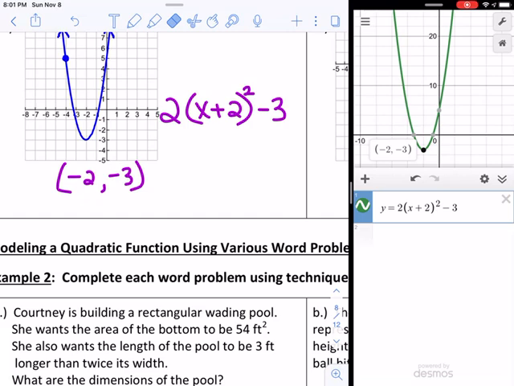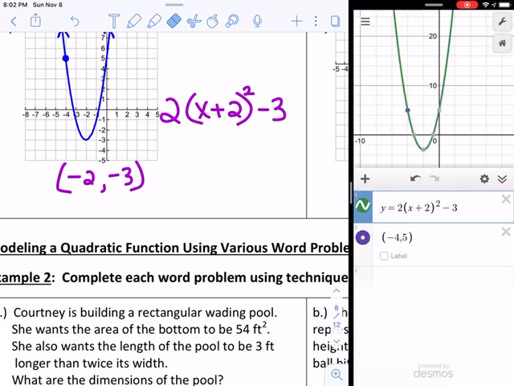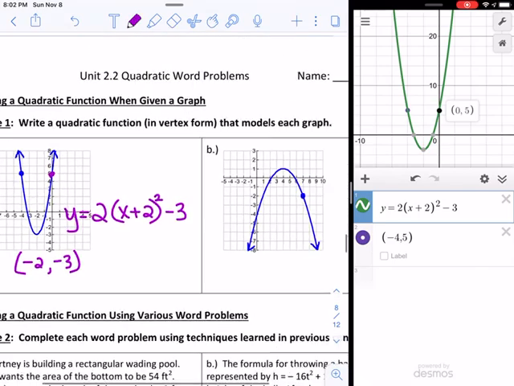And do we have a point at -4, 5 showing up right on our graph like we hope it should? It sure does. So that ordered pair is in the right spot, and the graph that's given has a y-intercept of 5, and so does ours. So we've got the correct equation for this graph.